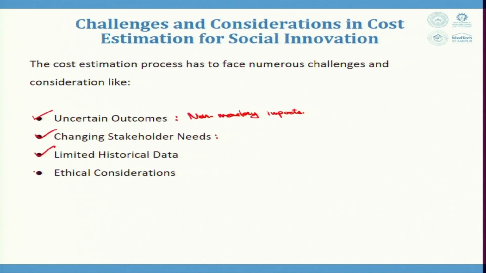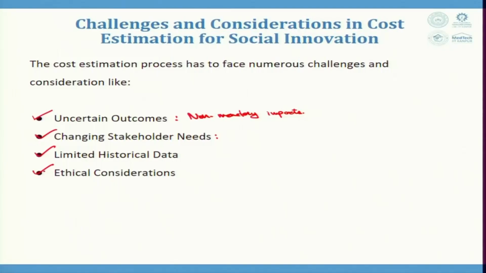Then ethical considerations. Though we are trying to do something for the benefit of the people, there are sometimes certain sensitive issues, which include ethical cost allocation as well. That is, we need to respect the privacy, the consent of the people, the cultural norms, everything has to be taken care of.